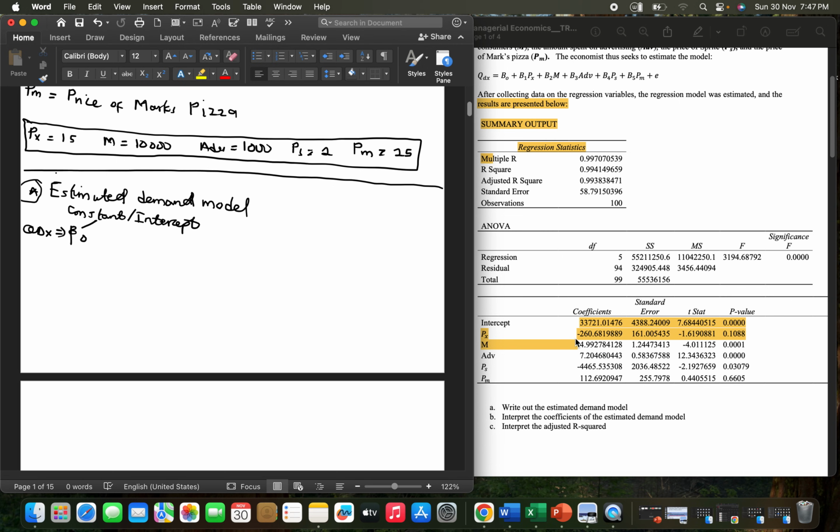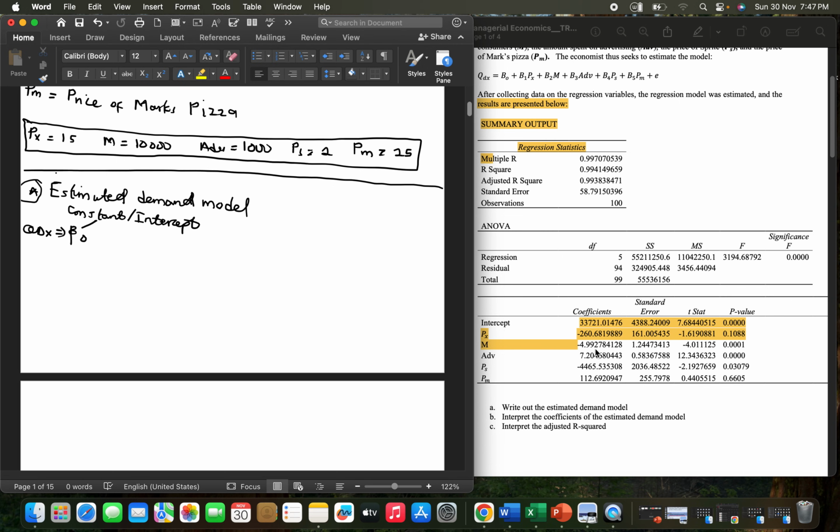That's the beta naught. Then the next thing we'll do is pick the next coefficient here. The next coefficient is negative 260.6819889. Once you pick this coefficient, you join the variable to it. So it becomes minus 260.6819889 PX.